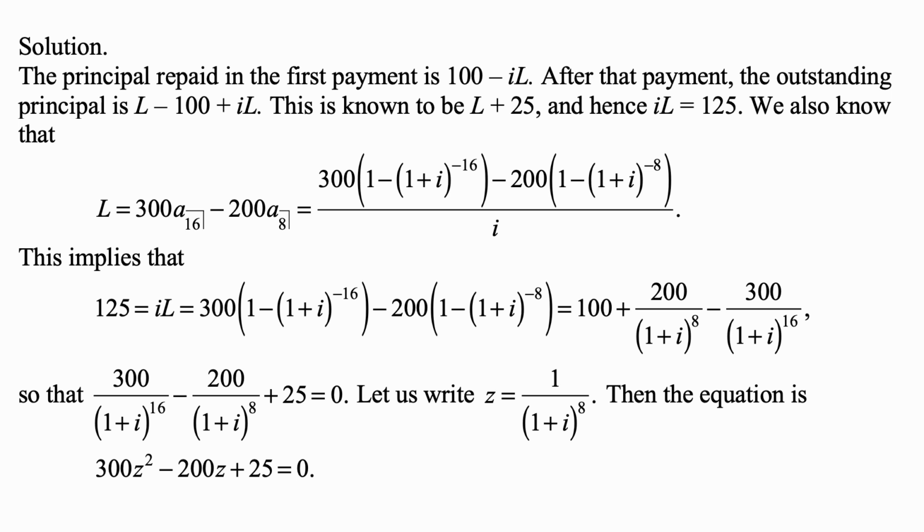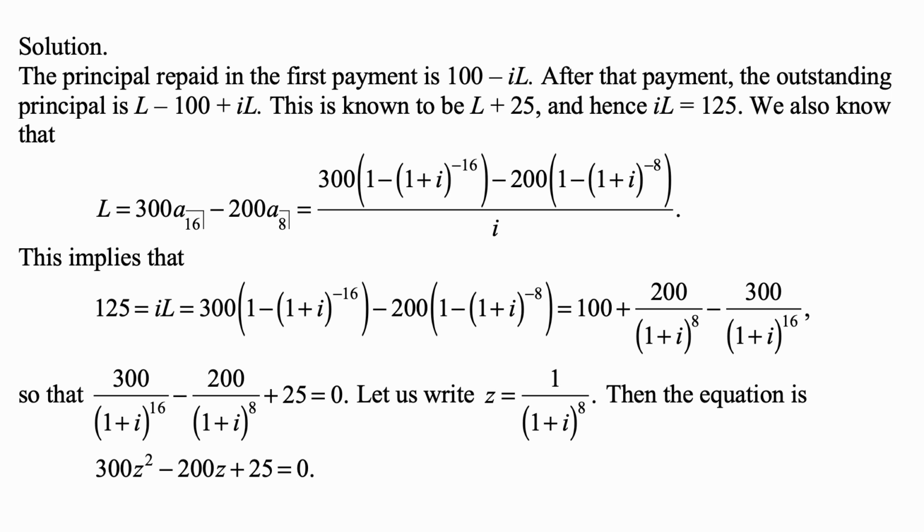Let's just combine the two formulas for the present value of an annuity immediate. And this implies that i times L, you get that from the denominator of the right-hand side, and multiplying both sides by it, you get iL on the left-hand side, and the difference of those two expressions on the right-hand side, the two expressions that you see in the numerator now.